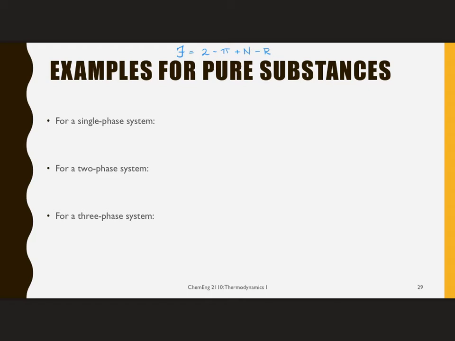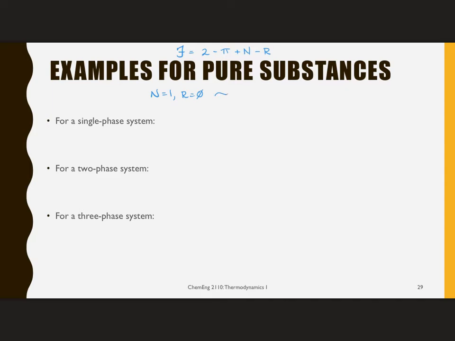If we look at using the phase rule for pure substances, then, well, first of all, there is only one component, so N is equal to 1 for a pure component or a pure substance. And R, we've said, is going to be 0. Well, first of all, pure substances are unlikely to react with themselves. Not that they can't, but they're unlikely to.